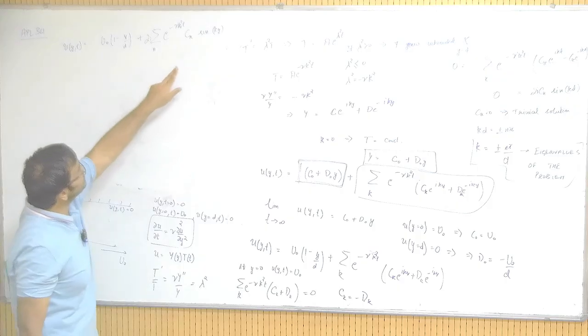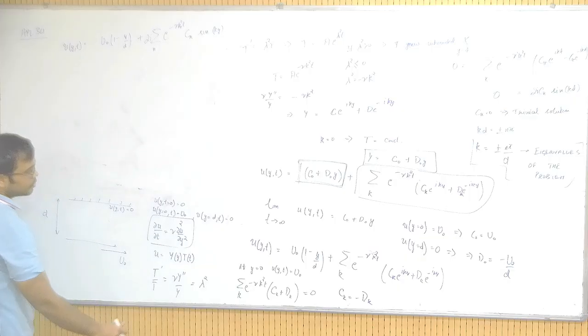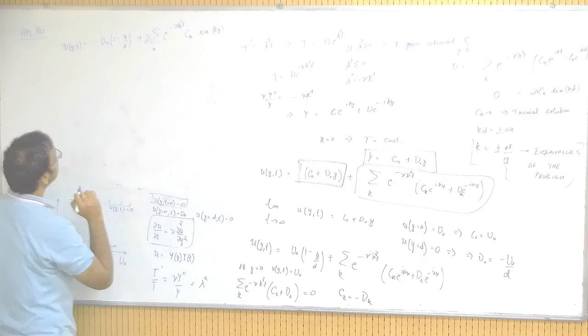So we still have this ck to evaluate, and to do that we use our initial condition, which we have not used so far.